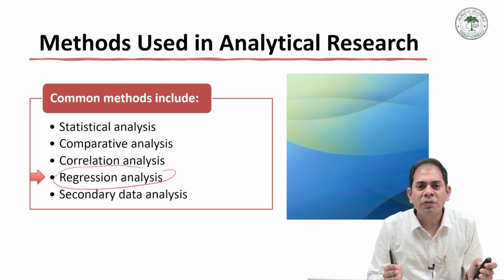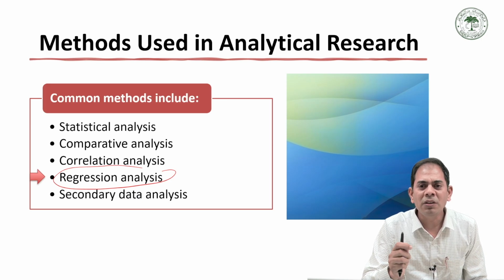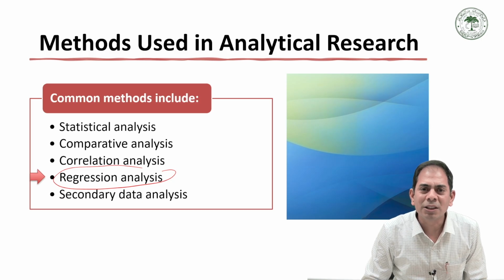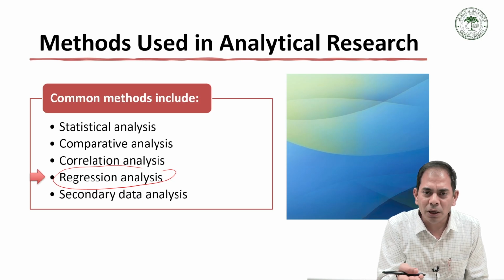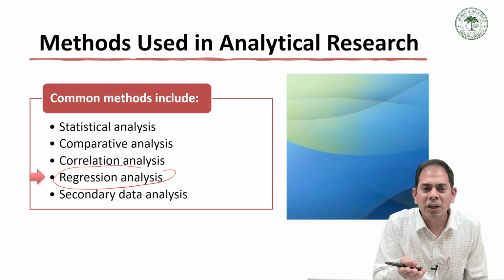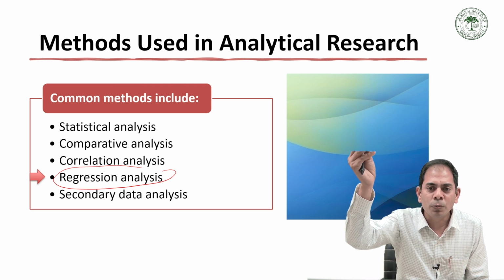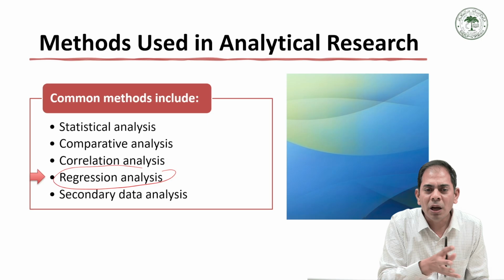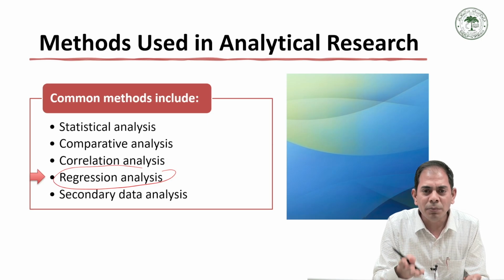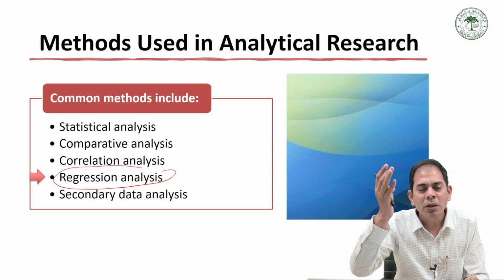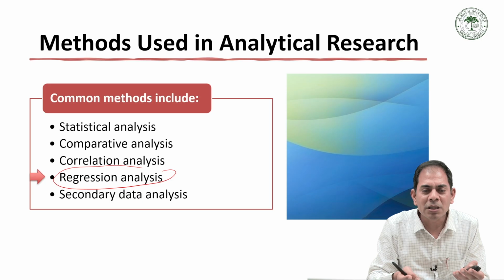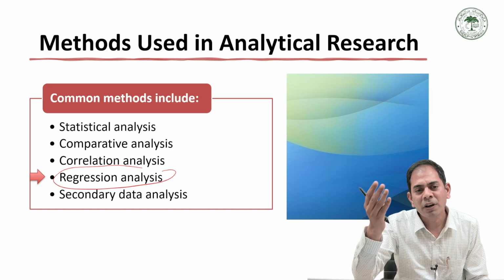Researchers generally use regression analysis to estimate future outcomes based on existing data, because we have the data today. On the basis of the data we have some independent variables and one output variable. We try to find out how changing the independent variables affects the output variable. On that basis we can predict the future, so we can change and manipulate the independent variable, and this will also affect the output variable.